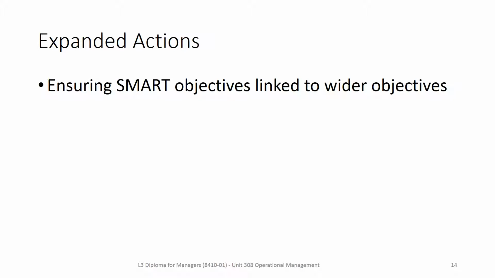So let's think about SMART objectives and ensuring that those objectives link to the wider objectives. We need to ensure that we've broken down processes properly, that's workflow processes, so that we can link individual people into those objectives. For example, an overall objective strategically could be to boost customer satisfaction ratings, and you may have a team that just deals with the customer's paperwork, I don't know, invoices and orders, etc., and don't have any direct contact with them.